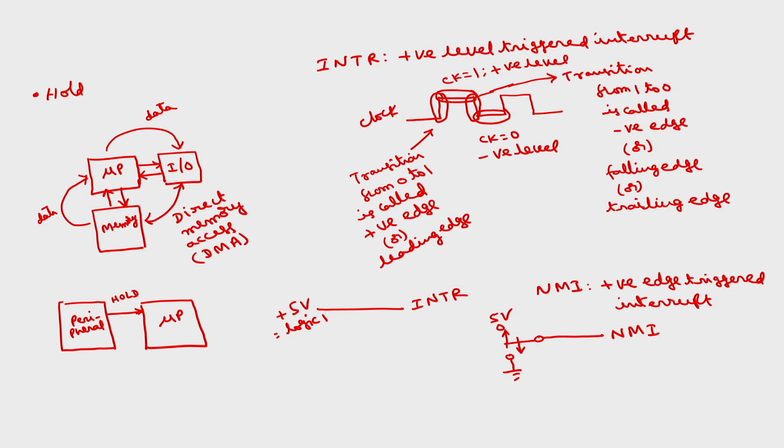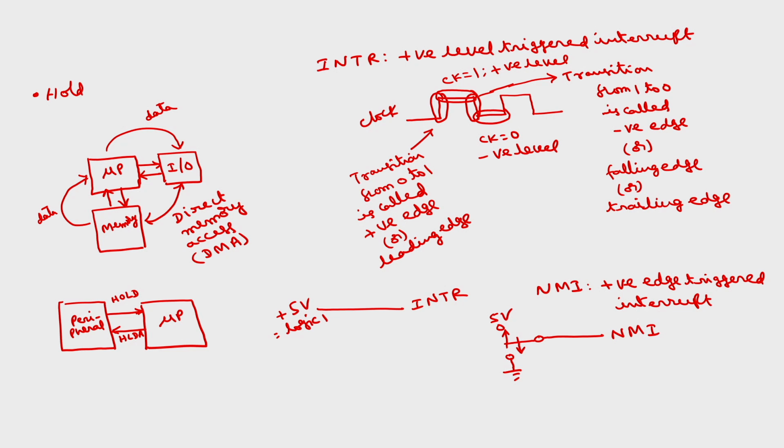The hold signal is a request for the microprocessor to hand over control of the address and data buses to the peripheral for a DMA data transfer. Whenever the microprocessor is ready to give up the address and data buses, it will acknowledge through the hold acknowledge signal, HLDA. This is hold and this is hold acknowledge, HLDA.